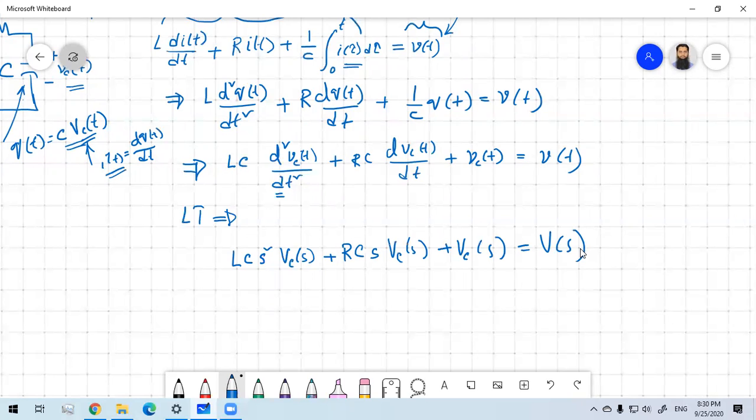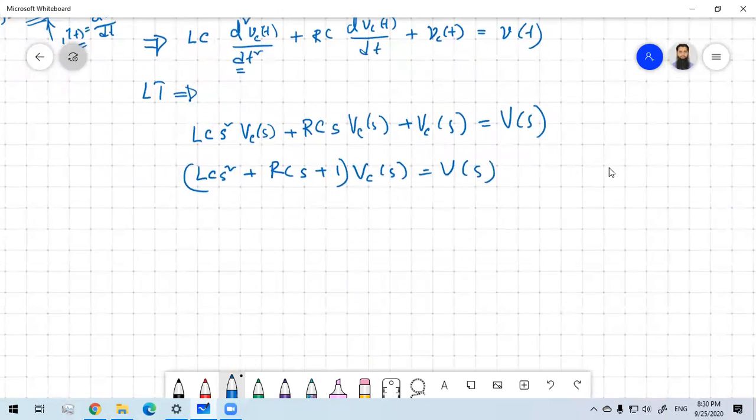So just take common, now it is an algebraic equation: (LC s² + RC s + 1) Vc(s) equals V(s). So our transfer function is basically output by input, so Vc(s)/V(s) equals 1/(LC s² + RC s + 1).